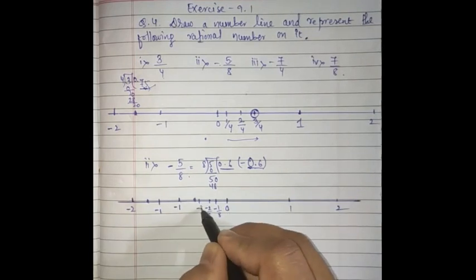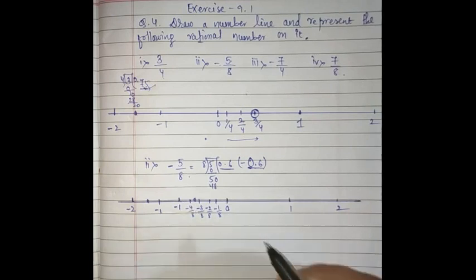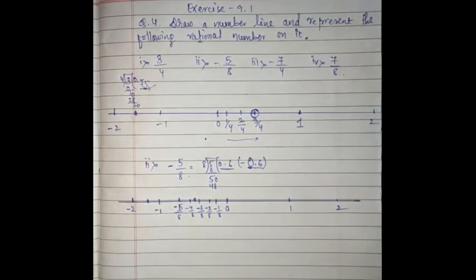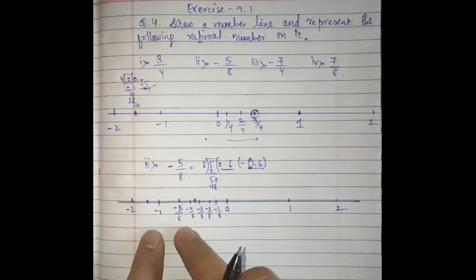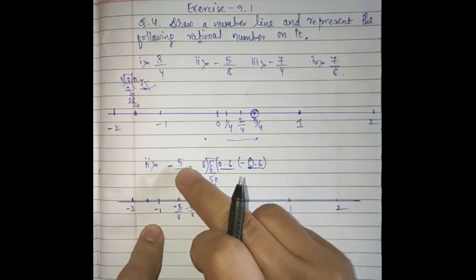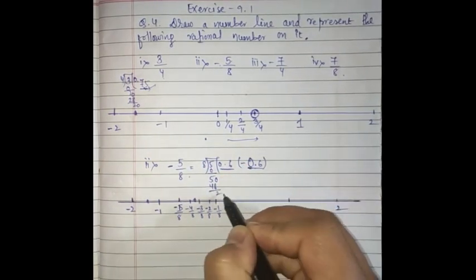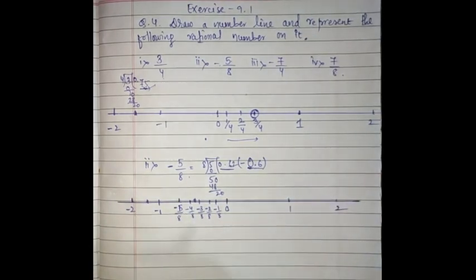So minus 3 by 8, minus 4 by 8, and let's choose this as minus 5 by 8, okay. So now I hope you understood why 0.6, because when you divide 5 by 8, you will get 0.6. The exact number you are going to get is, suppose, 0.62. So anyway, 0.6, 0.62, it is similar.